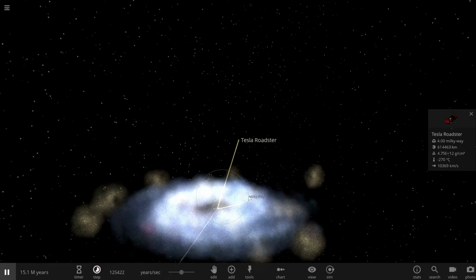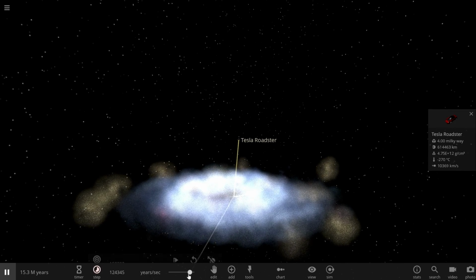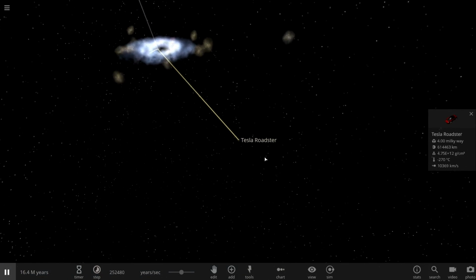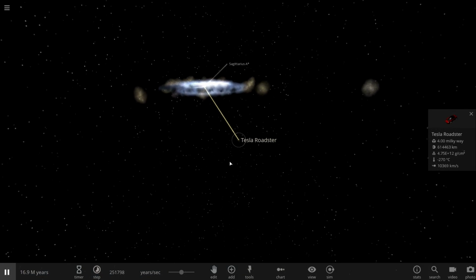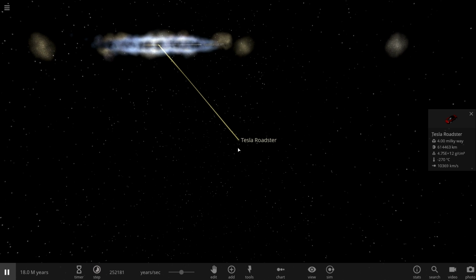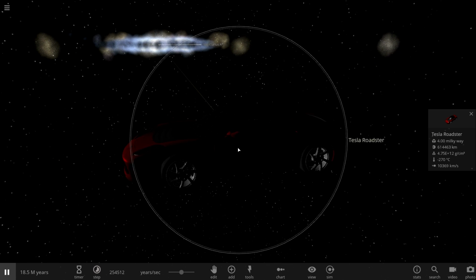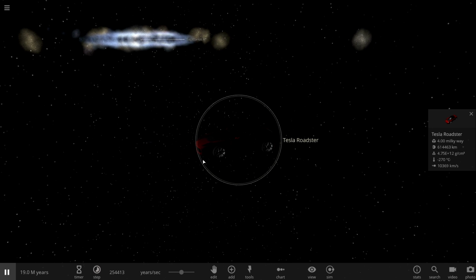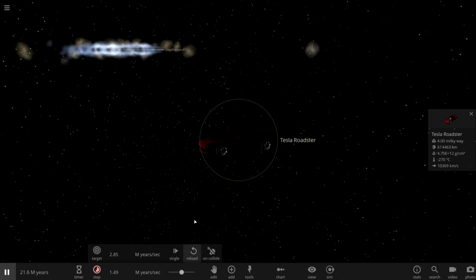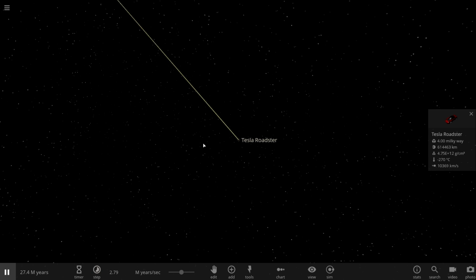It's a galaxy with no supermassive black hole, and it's the largest galaxy because it lost its central black hole through a collision with another galaxy. And beautiful Tesla Roadster, without knowing anything about the simulation, was able to actually recreate this very, very cool event completely by accident.